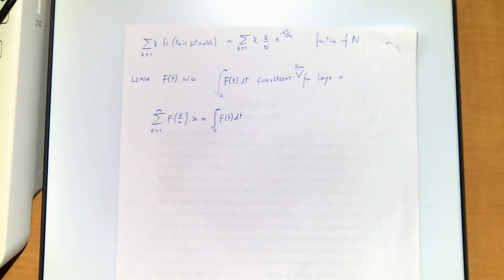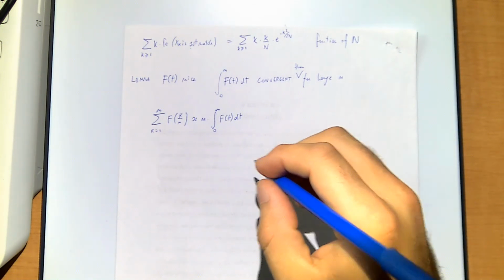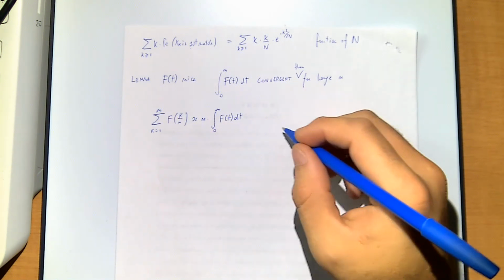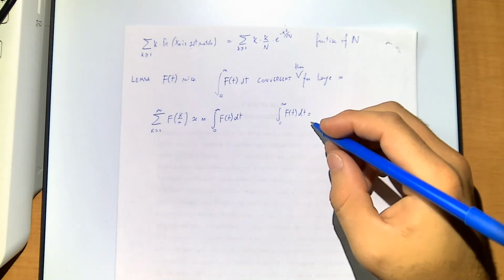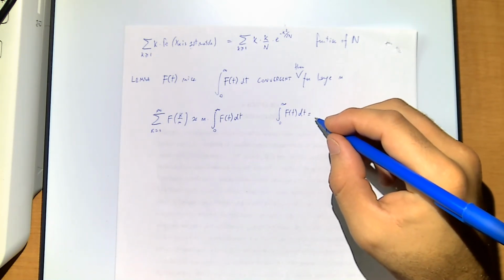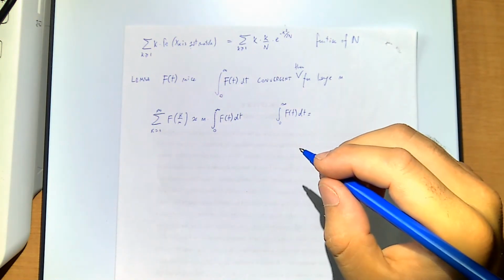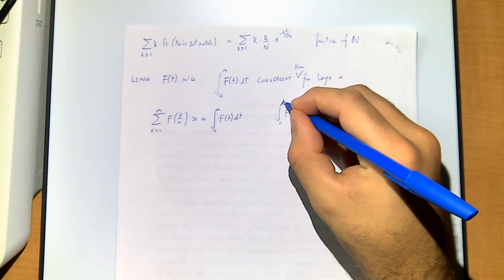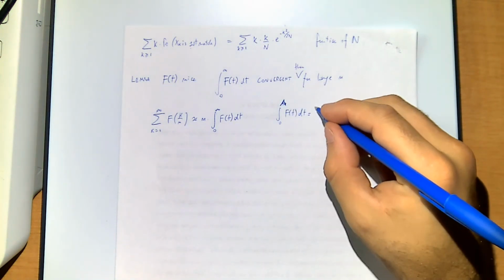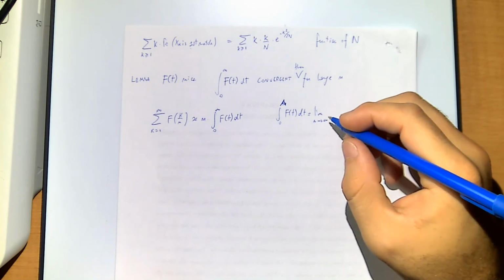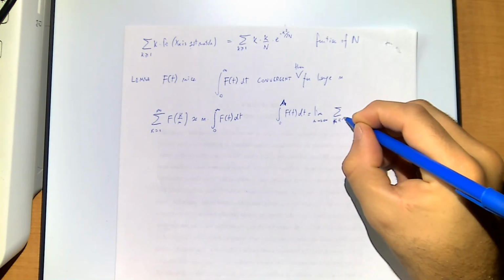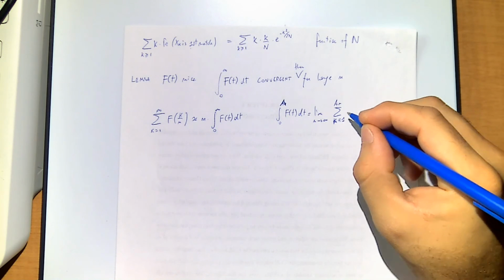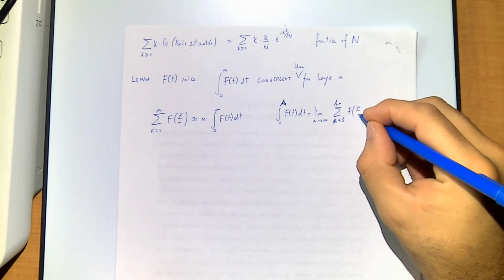I don't want to go too deep into the proof, but you can see that by definition, my integral from 0 to infinity of f of t dt is basically the limit, taking it up until a certain number a, and this is going to be the limit for n going to infinity of the Riemann sum of f of k over n times 1 over n.